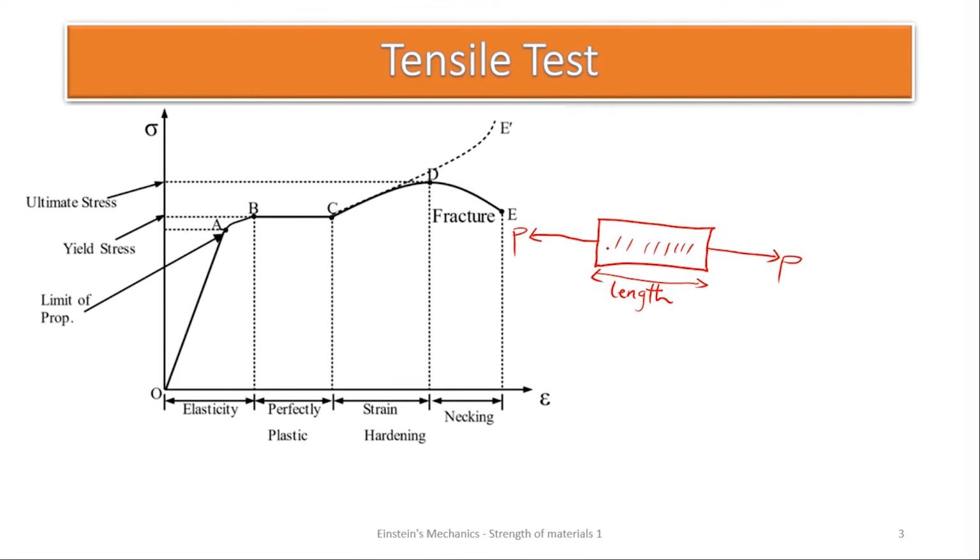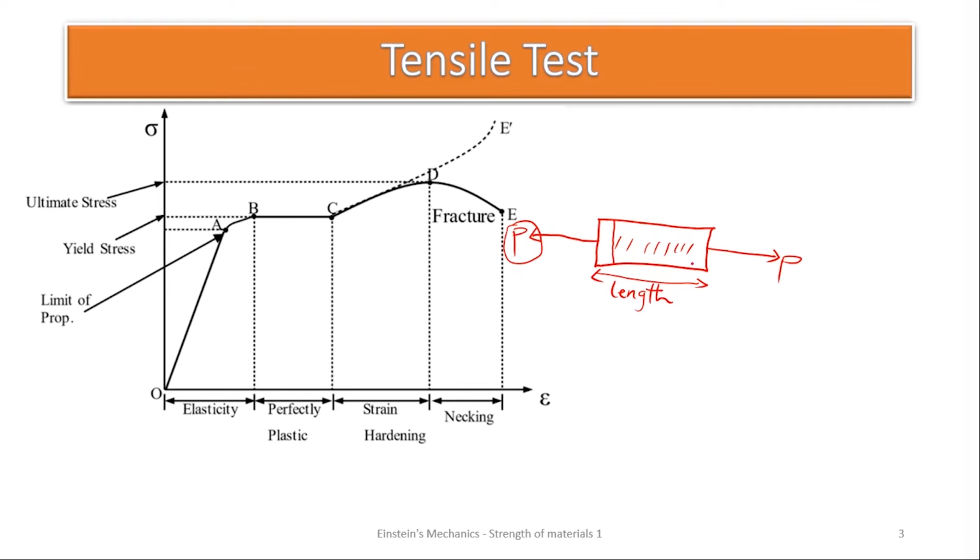So we want to test the magnitude of force this material can hold without failing. Therefore, we take a piece of this material to our lab and test. We have metal or material testing laboratories equipped with testing machines.